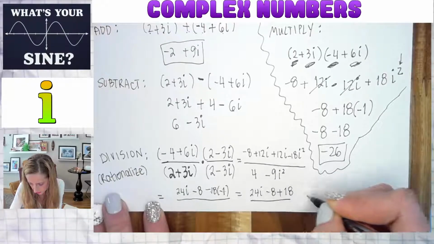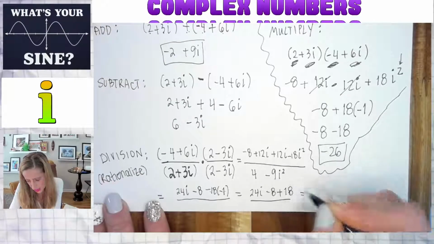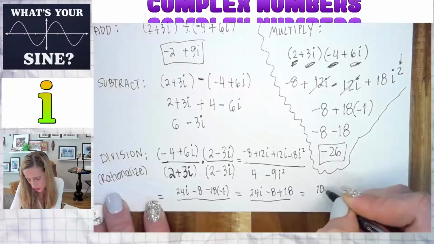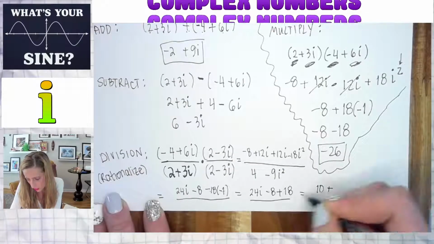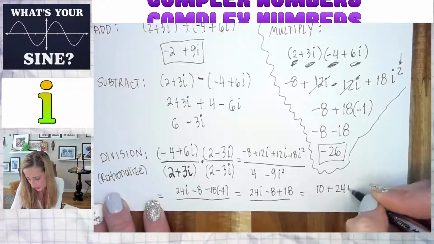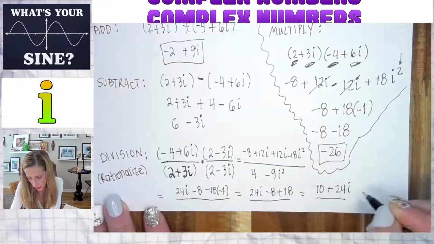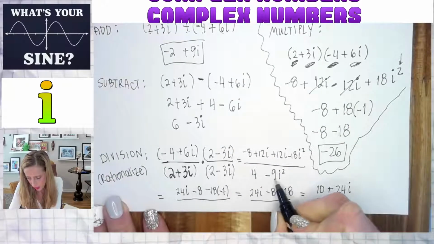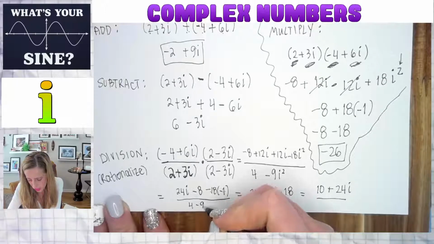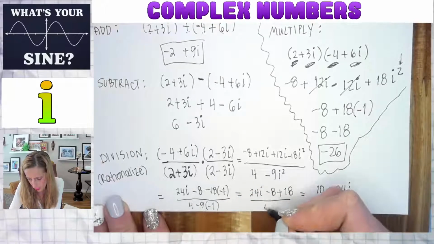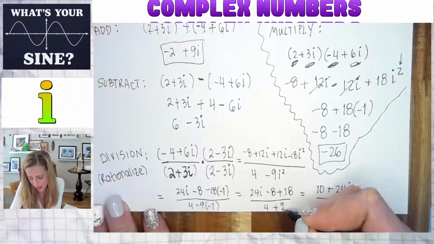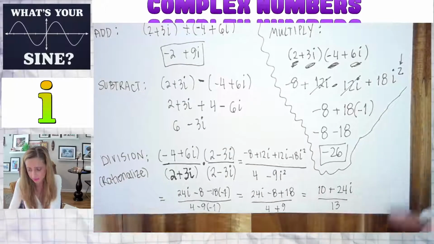Negative 8 plus 18 is 10. So I'll put it in front again. I know I'm confusing. 10 plus 24i. Okay, that looks pretty sweet. Bottom, 4 minus 9 times negative 1, which is 4 plus 9, which is 13.